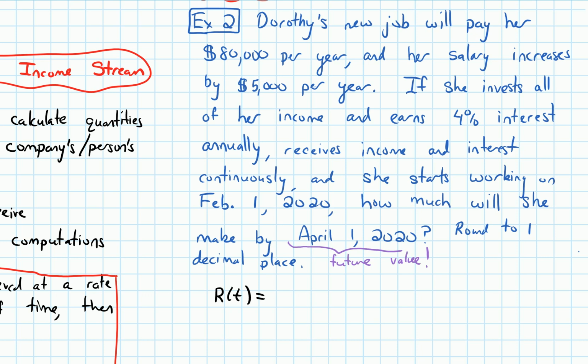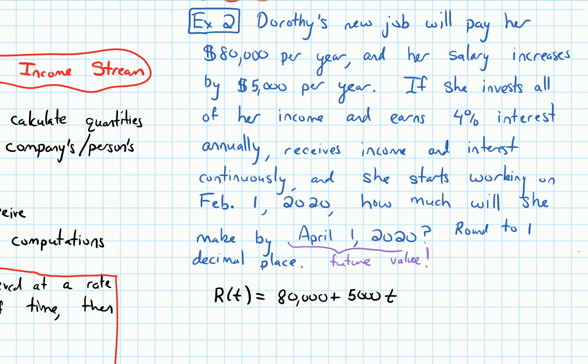I'm going to write a linear function for that because it's increasing in a linear way. It starts off at 80,000, and then every single year it increases by 5,000. So the 5,000 represents the slope, $5,000 per year. That would be my function r of t.